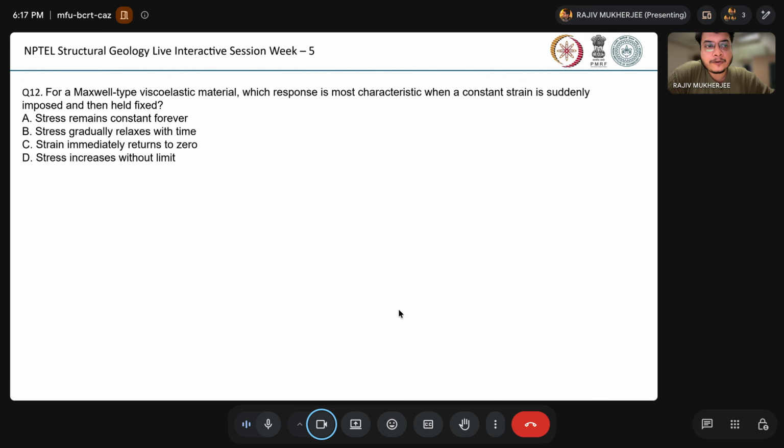In Kelvin-Voigt rheology, we generally talk about stress as the input parameter, right? But in a Maxwell rheology, we talk about strain as the input parameter. So these are the two main differences between these two rheological models. Okay, so think what will be the correct answer.